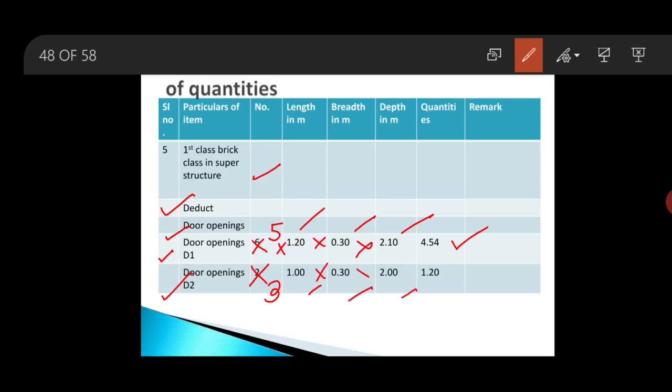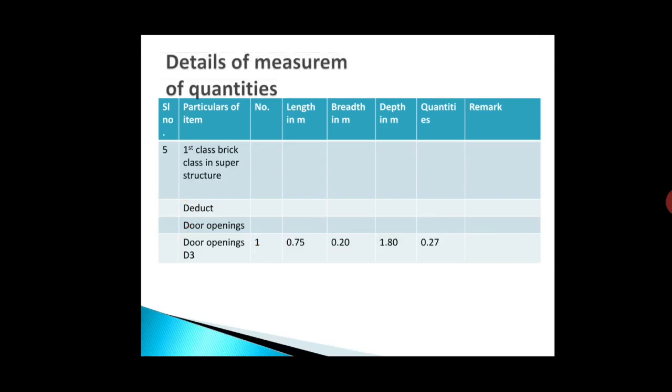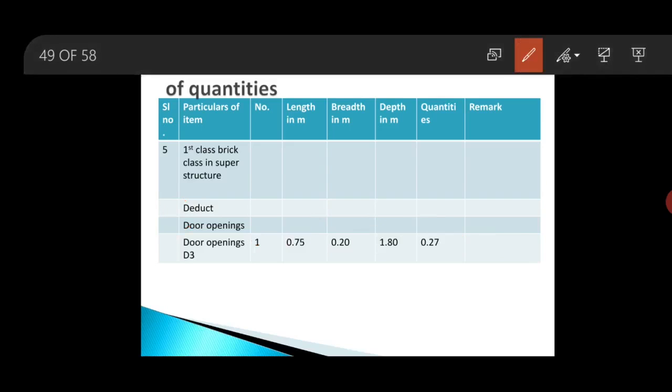By multiplying all these we get the quantity as 1.20 cubic meter. Then come to door opening D3. There is 1 number of D3 type door whose length is 0.75, breadth is 0.2, depth is 1.8. By multiplying all these, we get the quantity as 0.27 cubic meter.